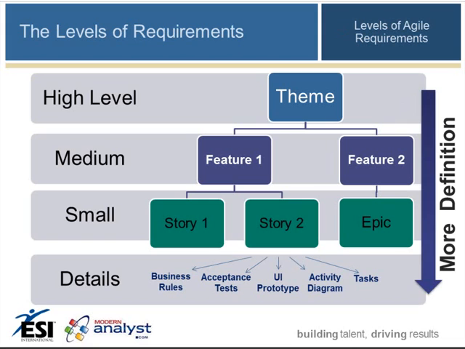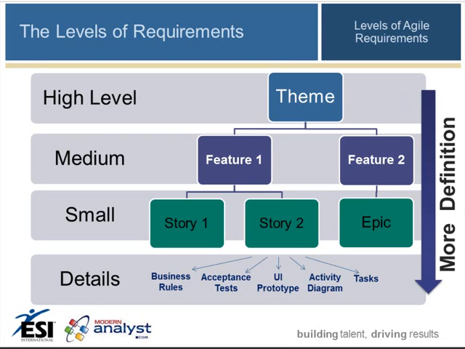So revisiting the levels of requirements, at the highest level in the Agile project, we are dealing with the theme. At the medium level, we've defined the feature, in this case feature 1 and feature 2, as the mid-level definition of requirements. At the small level, we've defined story, user story 1, user story 2.